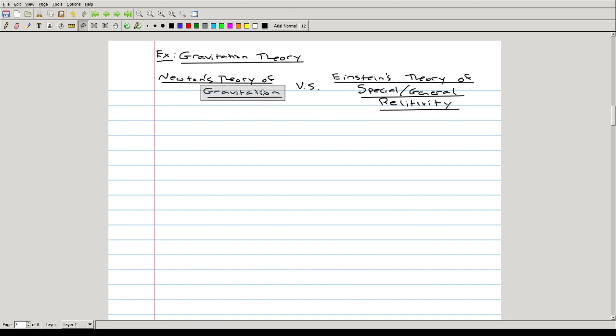And I'll also include, because I include special relativity over here, Newton's theory of mechanics and gravitation. So we'll start out by comparing and contrasting these two major developments in scientific understanding of mechanics and gravitation.